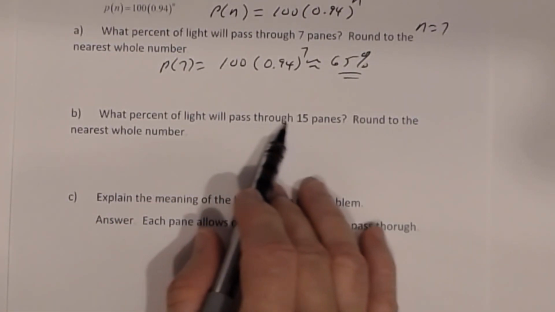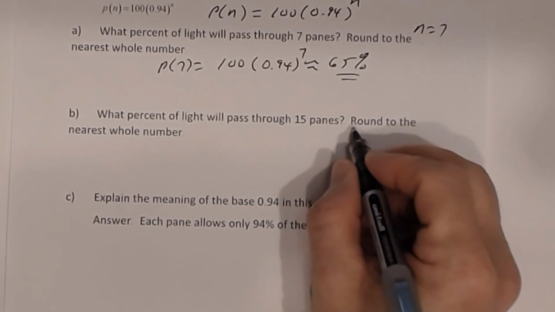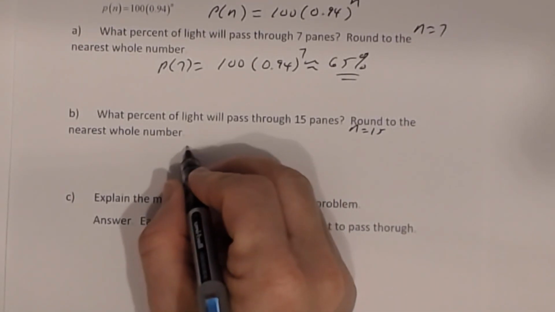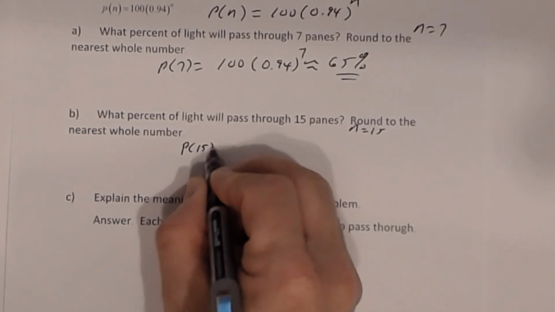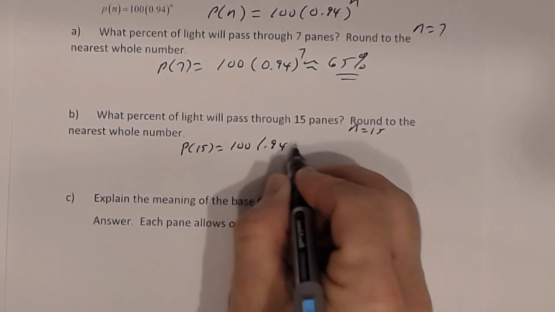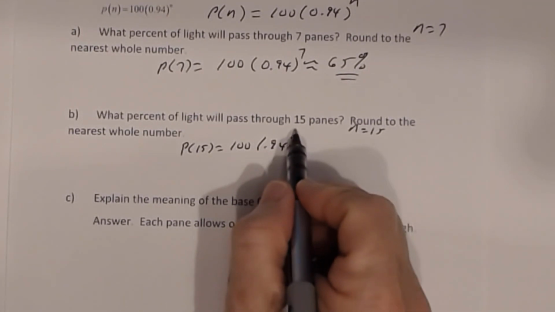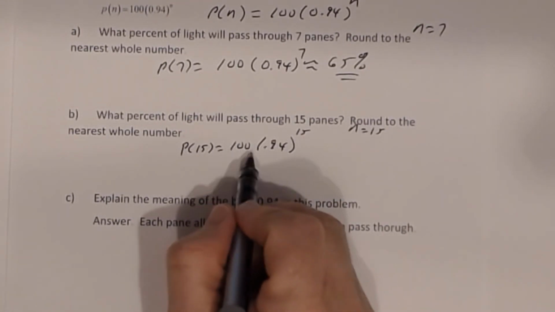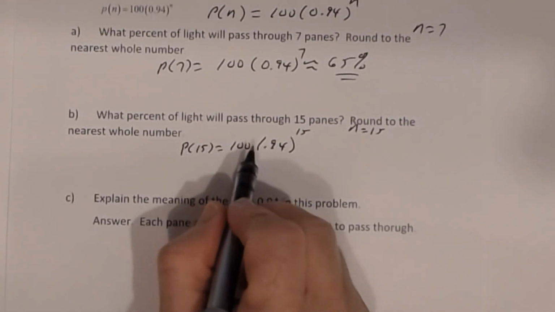So what percent of the light will pass through 15 panes? So n is 15. You're going to say P of 15 will equal 100 times 0.94 raised to the 15th power. That's what that 100 is right there.